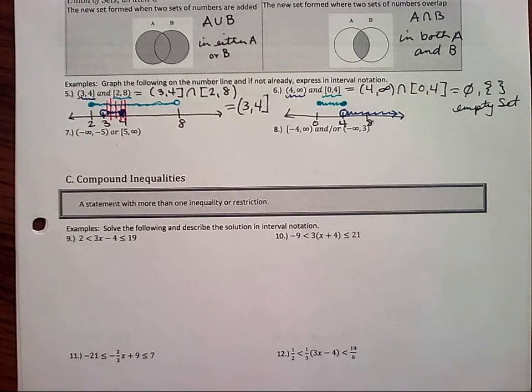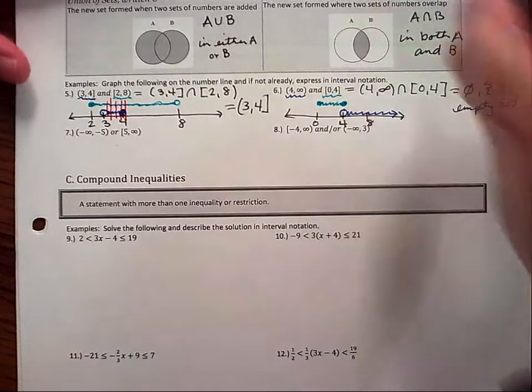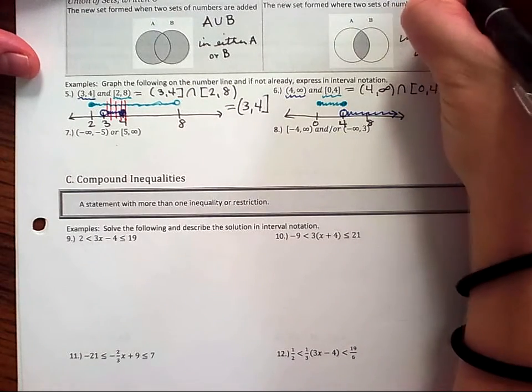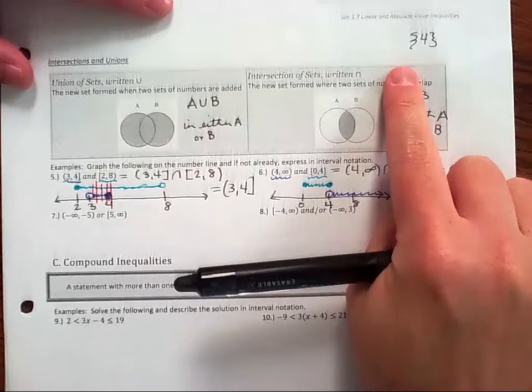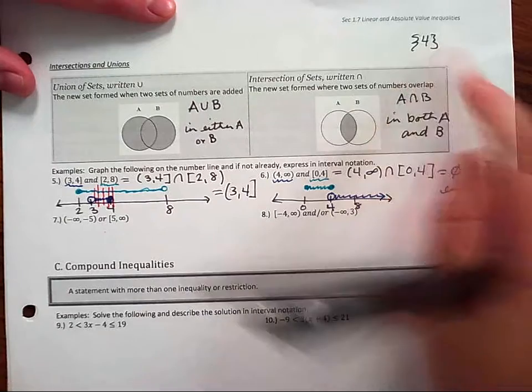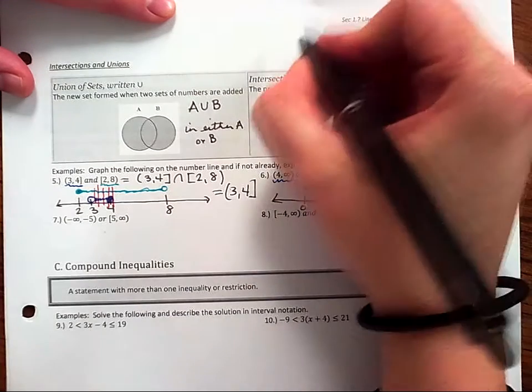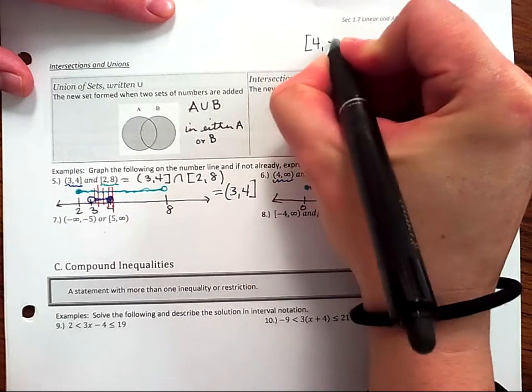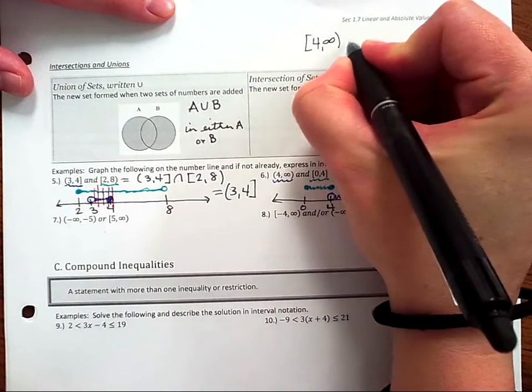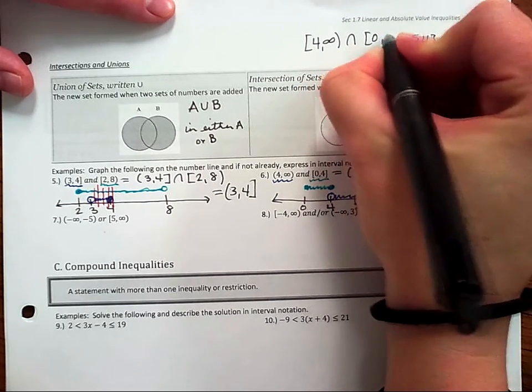All right. What if they were both closed? Then it would be 1 point, and that would be 4. So if it's just 1 point, would you just put 4? Good. So I would put it like this. If it's one x value, it would be like this. So 4 to infinity, intersection 0 to 4.